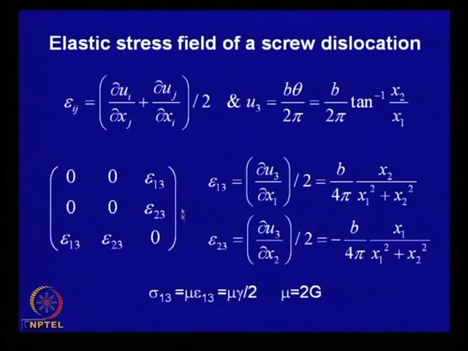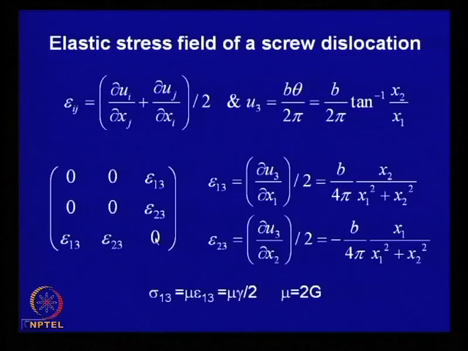So, you have 6 components of the strain, but we know that these represent the plastic strain, and the sum of all these will be 0. Here, in any case, it is 0, because each of these components themselves is 0.